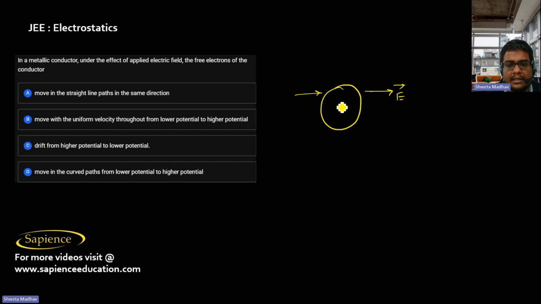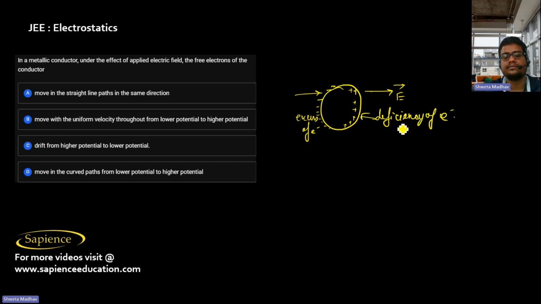The electrons will move in the direction opposite to the electric field. So here we will have an excess of free electrons, and on the right side we will have a deficiency of free electrons.